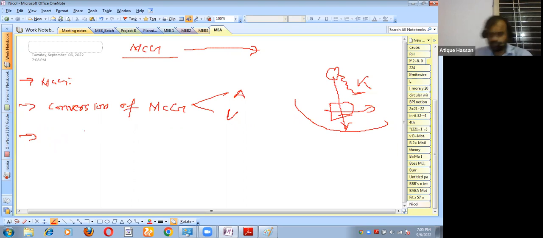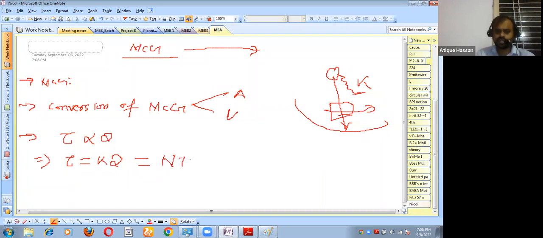So we will have a general idea: the deflection will be directly proportional to theta, or you can say the torque acting is directly proportional to theta, that is k theta. And we know that in a coil the torque acting is equal to NIAB.